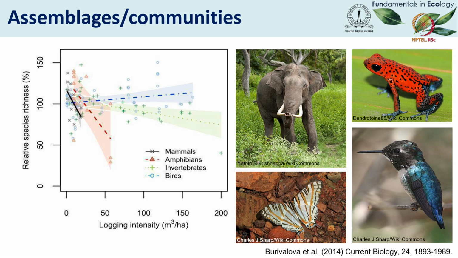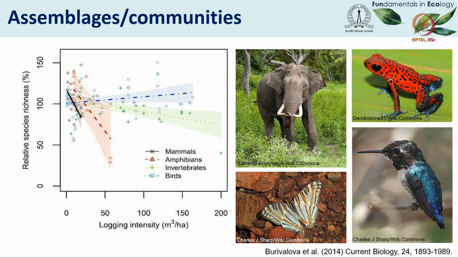So at a logging intensity of 0, which means that there is no logging actually happening, you have a certain number of species of mammals, of amphibians, of invertebrates and of birds, and you're asking relative to that baseline number of species, if you increase logging intensity, how does species richness change?